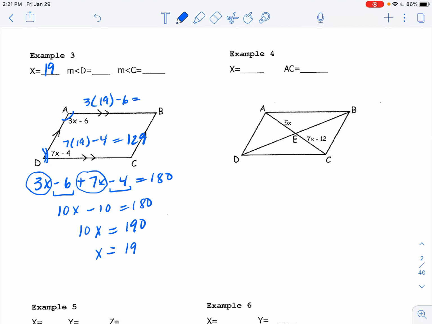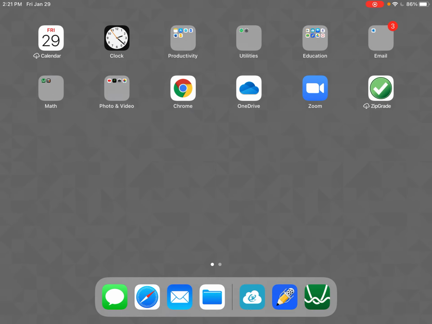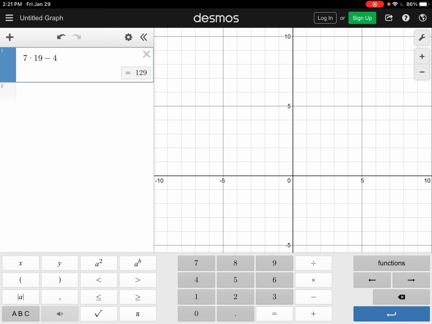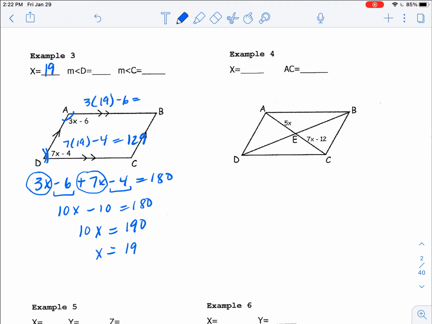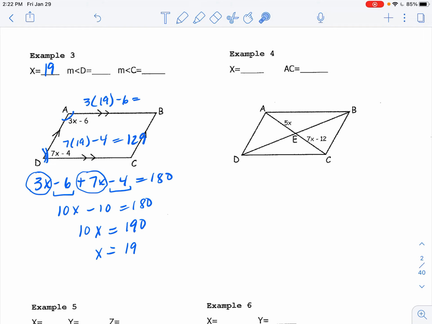And 3 times 19 minus 6 in Desmos, that's 51. And what we need to also notice is that 129 and 51, those add to 180. So we could have solved for that angle just by finding the supplement of 129. Either way, we know our answers.